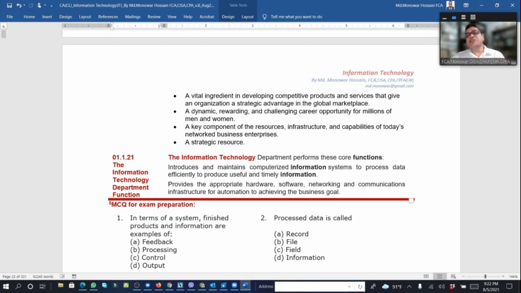The information technology department performs core functions on the IT side, introducing and maintaining computerized information systems to process data effectively and produce useful, timely information, and providing the appropriate hardware, software, network, communication and infrastructure for automation, achieving the business goal.